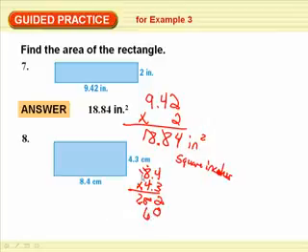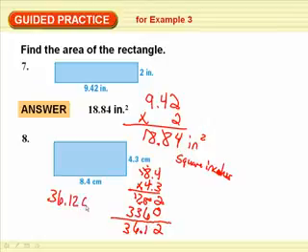It's going to be 16, carry the 1. 32 is 33. There's a 2, I think that's a 5, carry the 1. 3, 4, that's 6. 30. 2 decimal places up there, so 2 down here, so it's going to be 36.12 centimeters squared. Let's see, we're going to be right on top of it. Yes, we got it right.